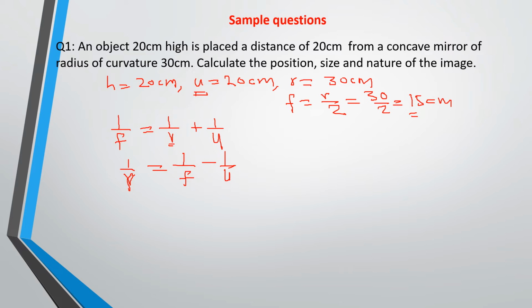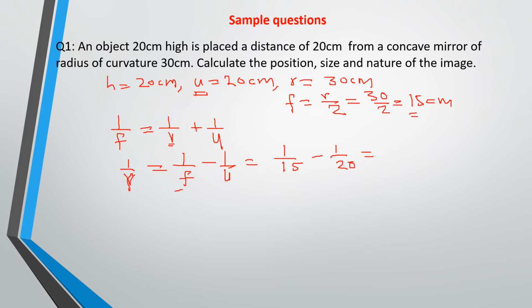Remember I said that it is good you master one of the conventions. So for this particular question, I'm using real is positive. So for real is positive, the focal length of a concave mirror is positive. Is that okay? So f is positive. Substituting into this equation, you have 1 over 15 minus 1 over 20.